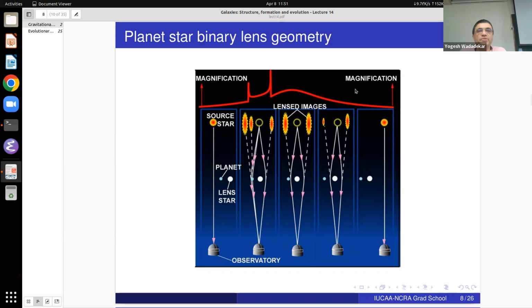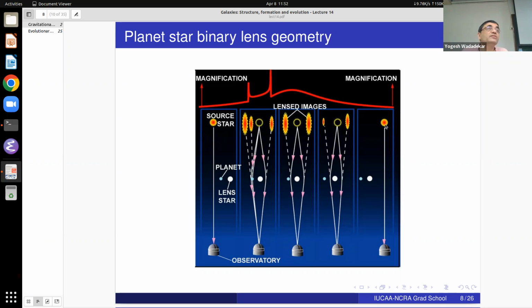If you plot the magnification as a function of time as the system moves across, you will see, first of all, multiple images, sometimes 3 images, sometimes 2 images, and so on, and eventually just one image once the system has passed through.